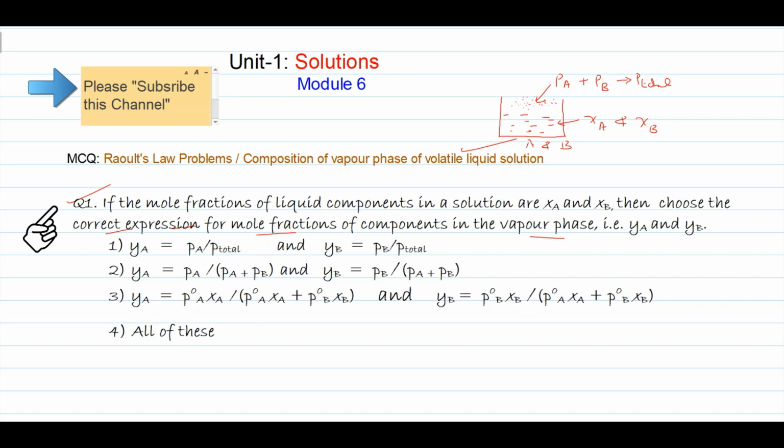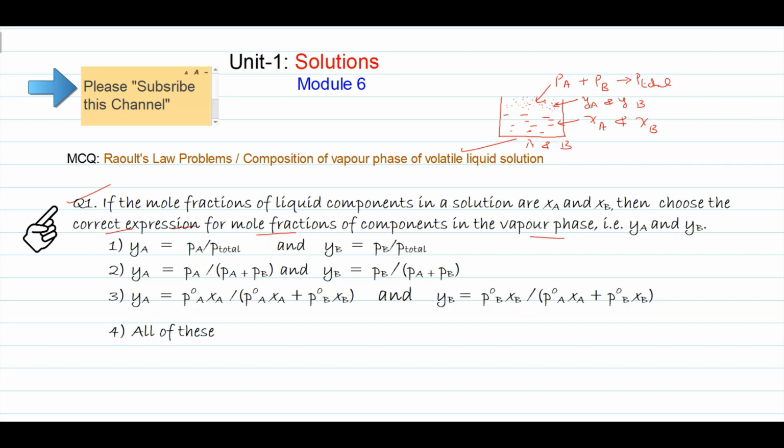Then in the vapor phase, the mole fractions of components: component A, mole fraction is Ya; component B, mole fraction is Yb.